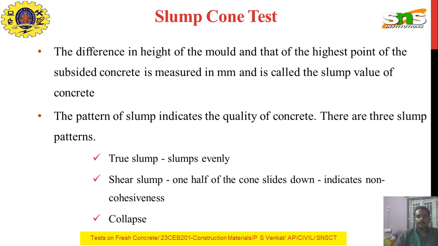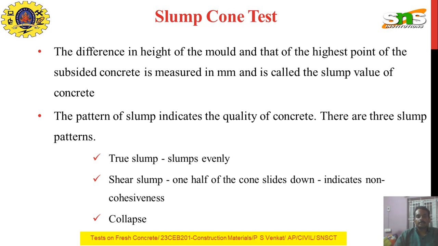There are different patterns of slump obtained after conduction of the test. They are true slump, shear slump and collapse slump. True slump represents highly workable concrete in which the slump pattern appears evenly.